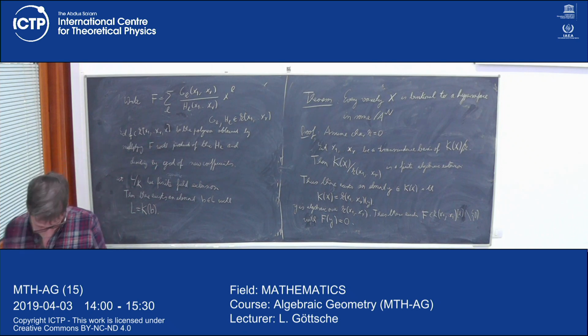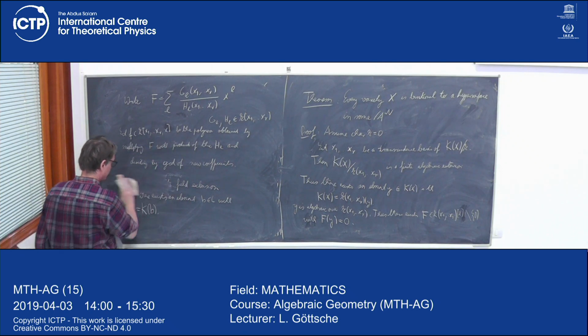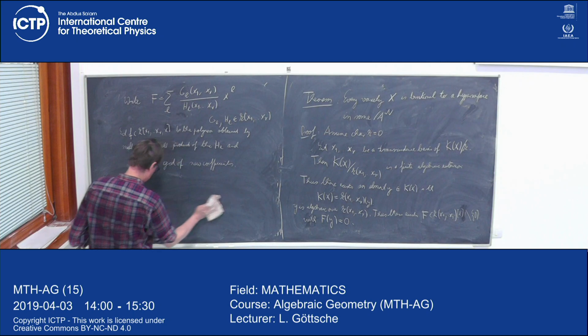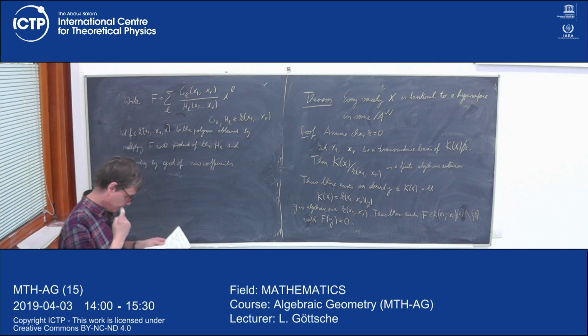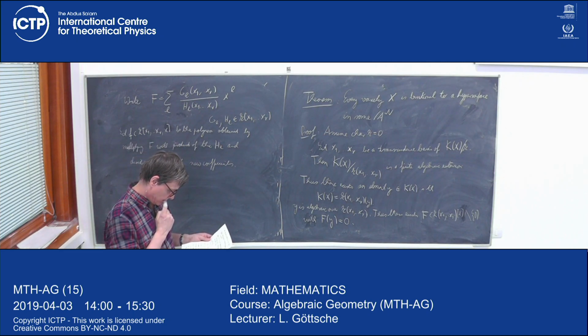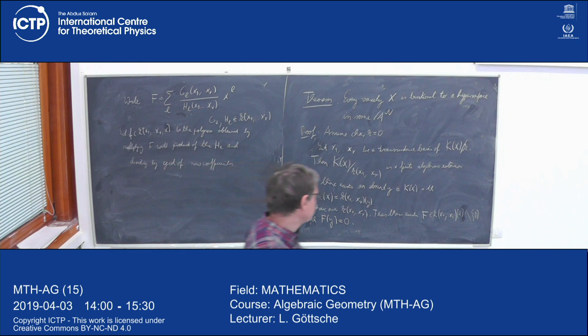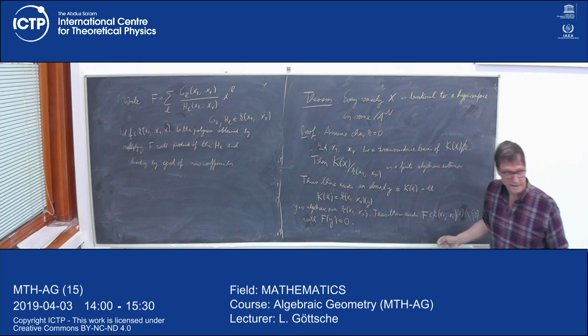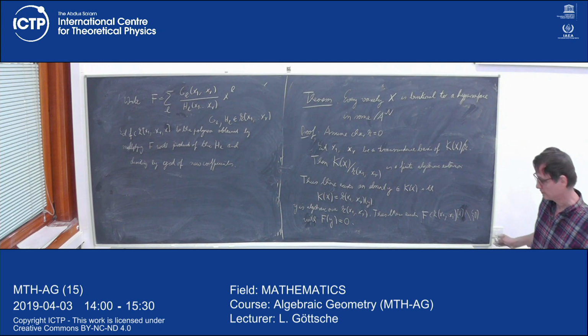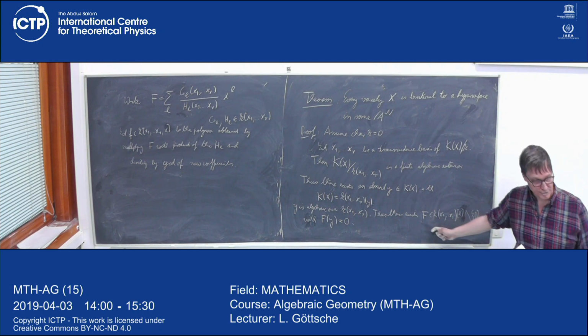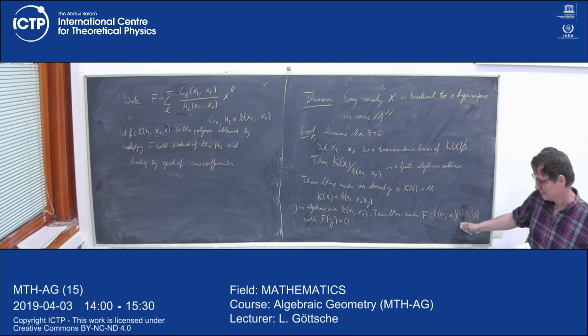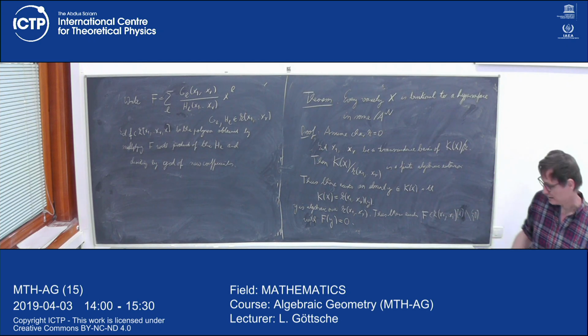I forgot something here. Obviously there exists such an f, and I can choose f to be irreducible, because if the product of things is 0 for y, then one of the factors must be 0.